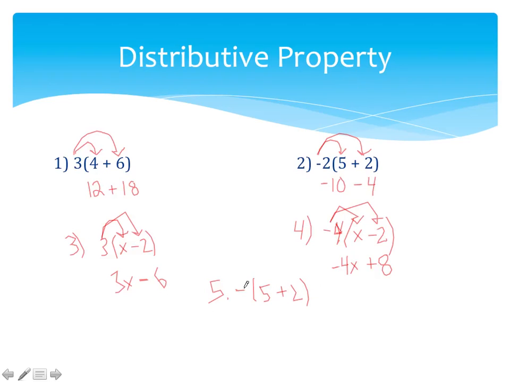Whenever you see an opposite sign or a negative sign in front of parentheses, we have this thing in math that's called the understood one. And basically what you need to do is you need to stick a 1 between the sign and the parentheses. And we are going to distribute this negative 1.